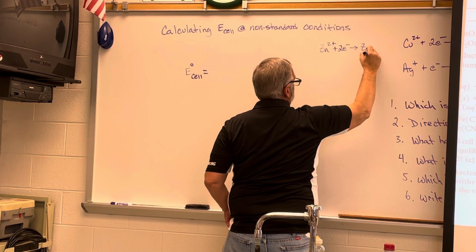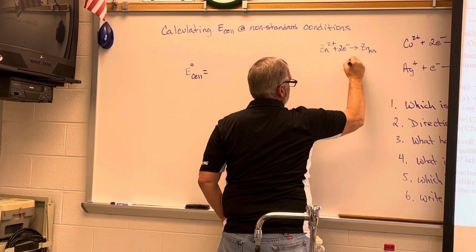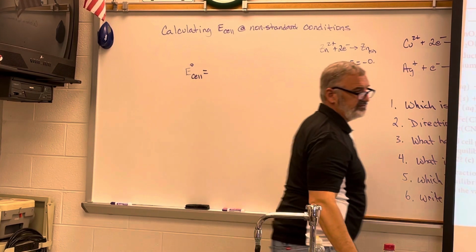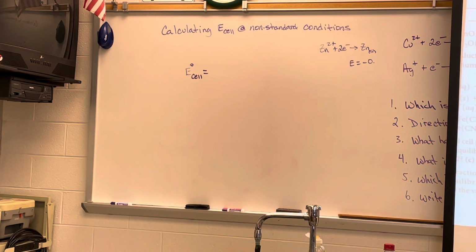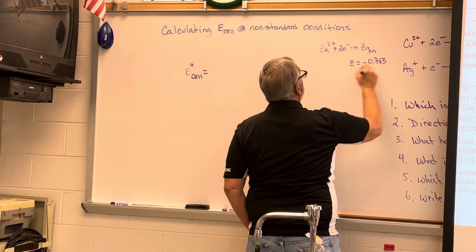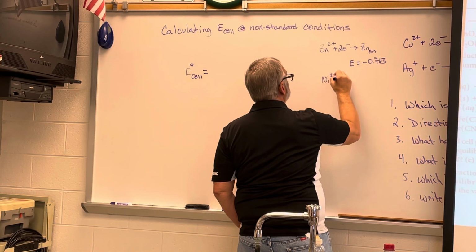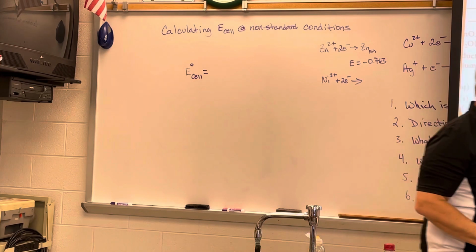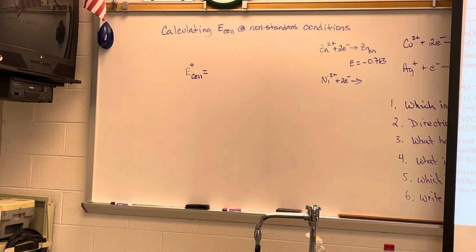And then the nickel 2 plus plus 2 electrons, we get this in the back of the book. It's given. The nickel is negative 0.28.